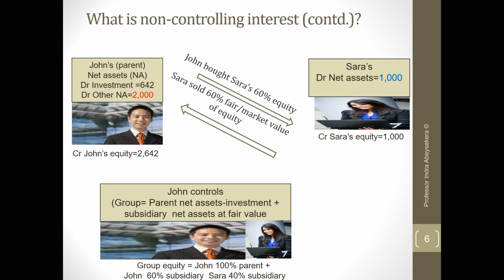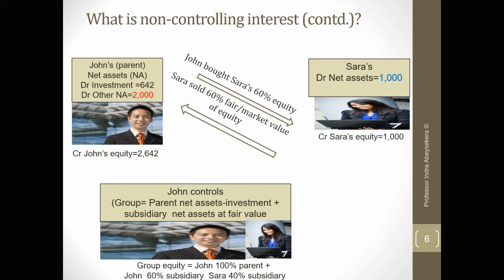Look at two entities here, John acquiring Sarah's company, 60% of Sarah's market value. After the acquisition, John controls the net assets of the parent and also the subsidiary. But in the group, John owns 100% of the parent and 60% of the subsidiary, and Sarah still owns 40% of the subsidiary.